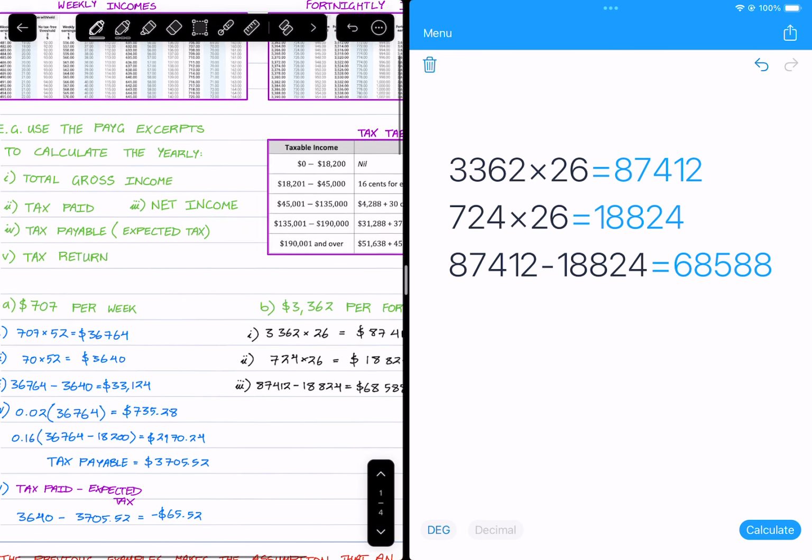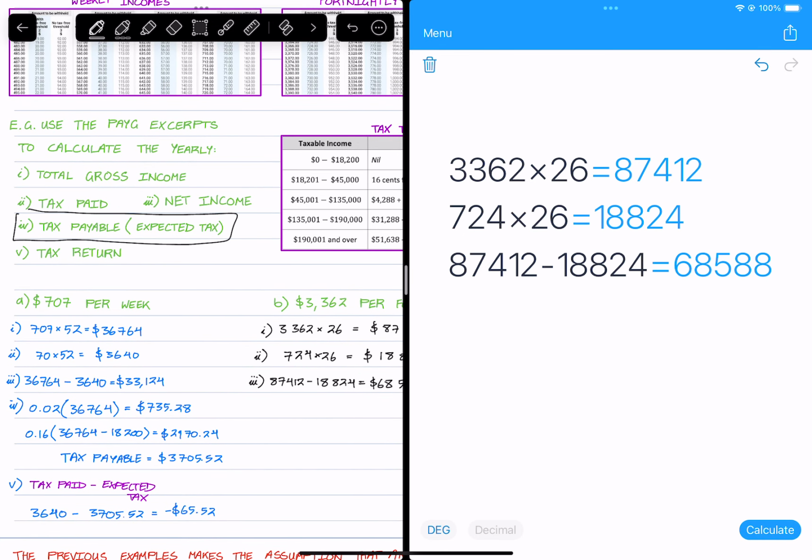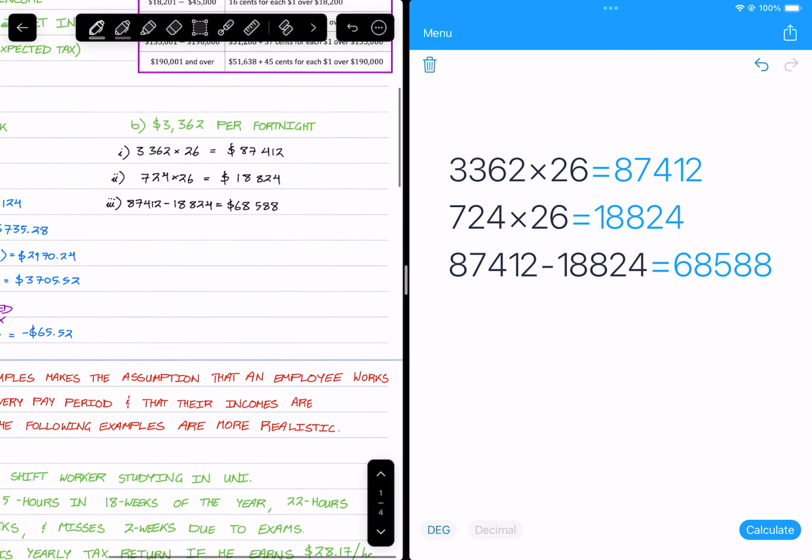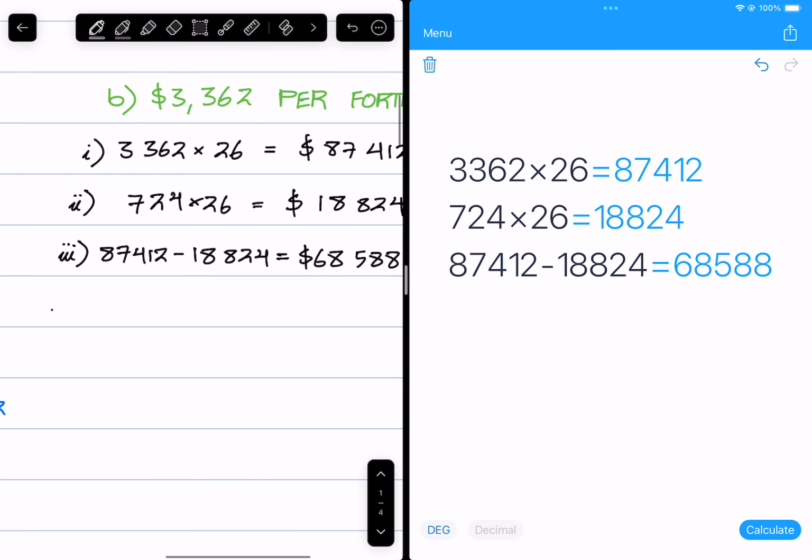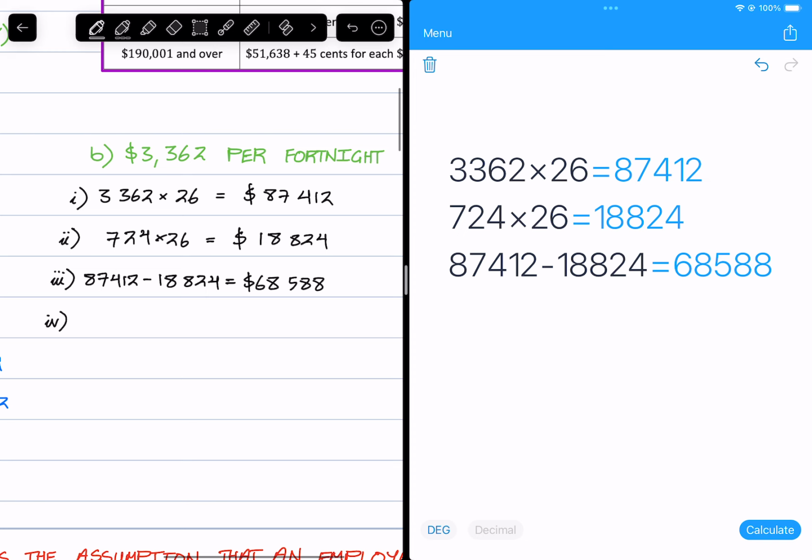And so now let's take a look at this person's tax payable, and this happens at the end of the financial year. We calculate what is supposed to have been paid. Let's do this now. So part four. Now remember, for this, we always do 2% of the gross income. So 0.02 of the gross income, 87,412.